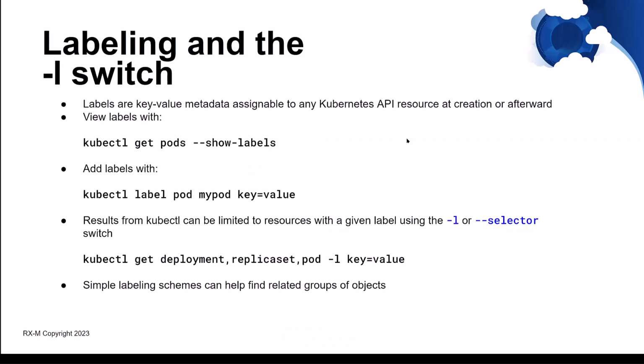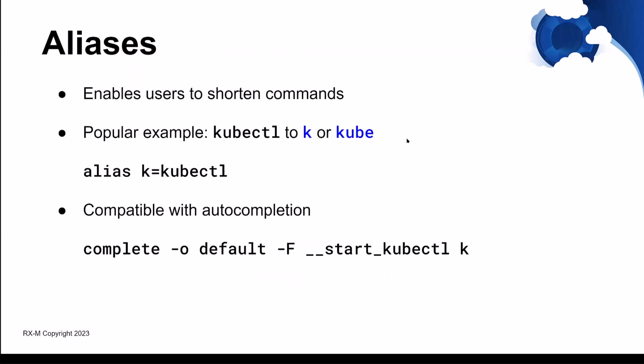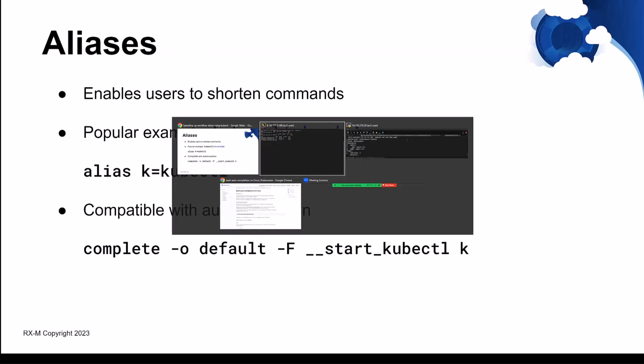Next up, let's talk about aliases. Shell aliases have helped CLI users shorten commands for a very long time. Chances are the shell that you're using already has a command like alias to establish a shortcut. A popular shortcut I see is either k or kube. Whichever you choose, your alias is easily established with alias k=kubectl.